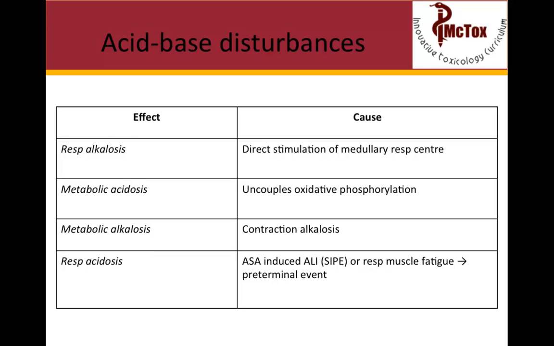Metabolic alkalosis is a contraction alkalosis, and respiratory acidosis can result from ASA-induced acute lung injury or salicylate-induced pulmonary edema, or respiratory muscle fatigue. These are considered pre-terminal events.